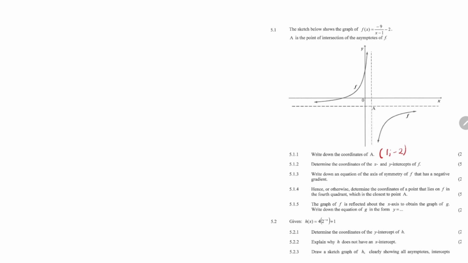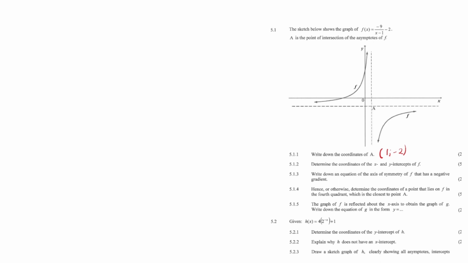5.1.3, write down an equation of the axis of symmetry of f that has a negative gradient. Alright, so we know with hyperbolas, we have two axes of symmetry. So we have one that has a positive and one that has a negative gradient.